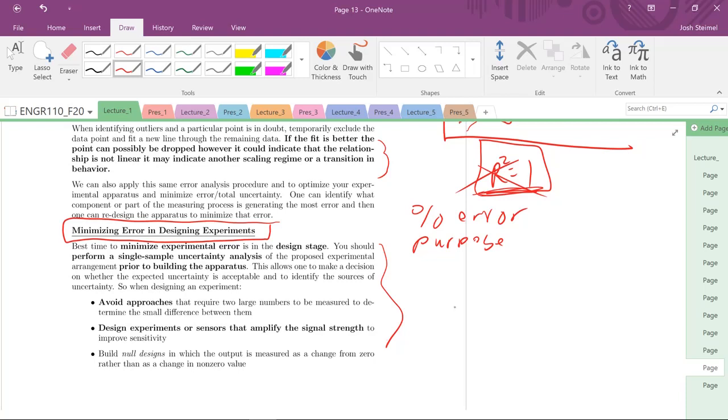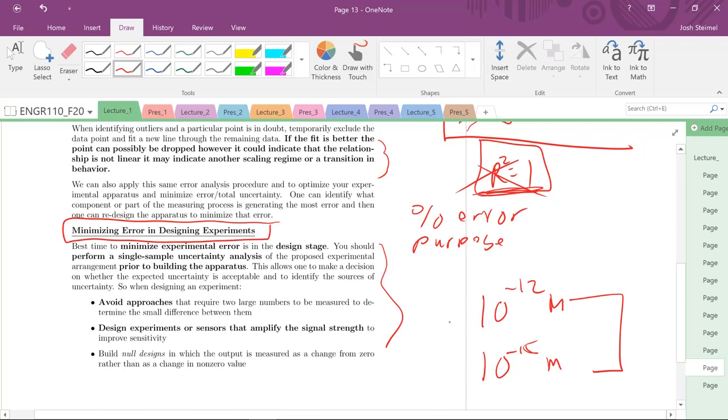If I want to measure something like 10 to the minus 12 moles, picomolar, or even femtomolar concentrations, and that's the resolution or target I'm trying to hit, I need to look at my apparatus, the design, and the uncertainty, and try to estimate beforehand, am I even in this range?